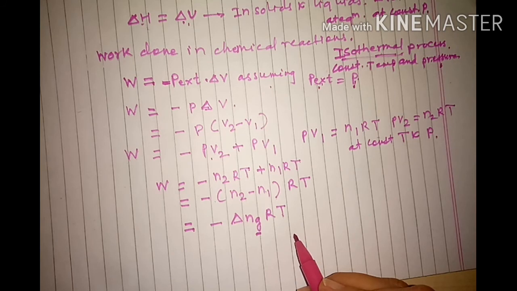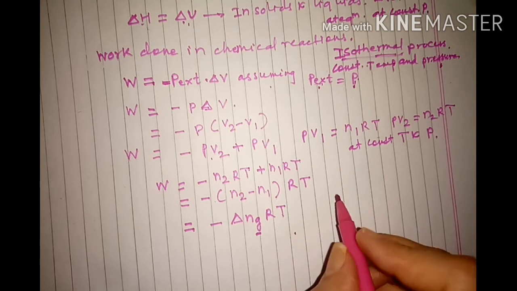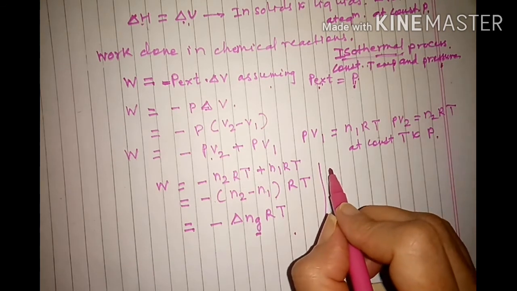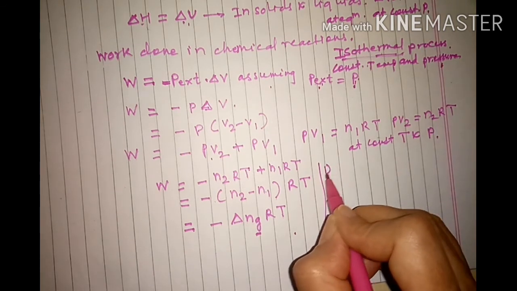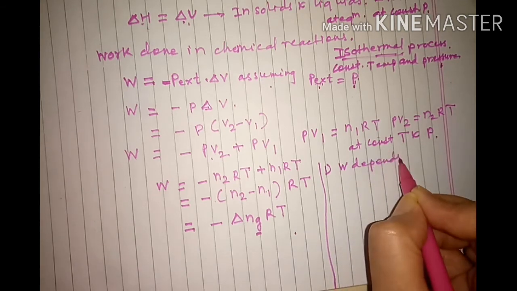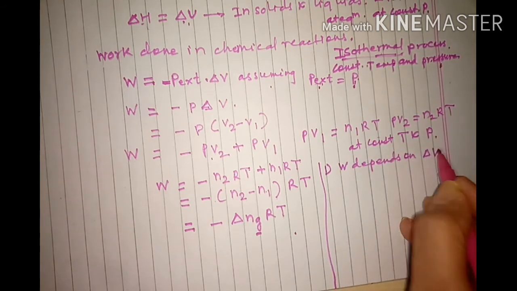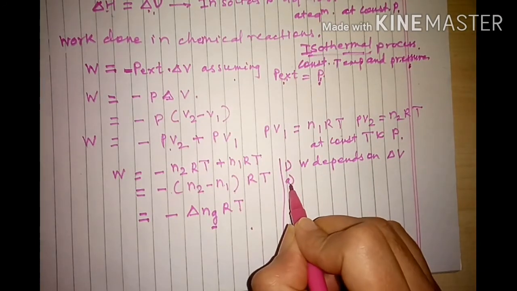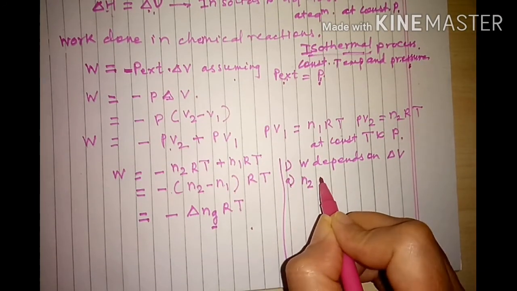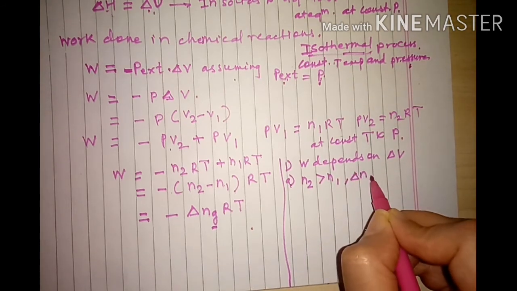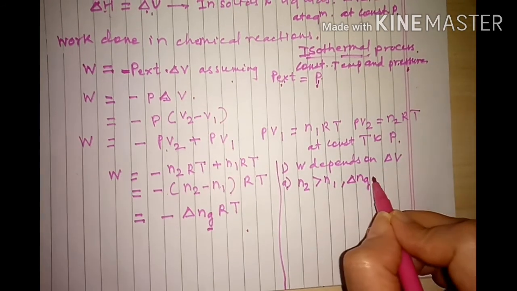So the sign of W, that is work done, depends on delta V, the change in volume here. Now the first condition: if N2 is greater than N1, then delta Ng would be positive.